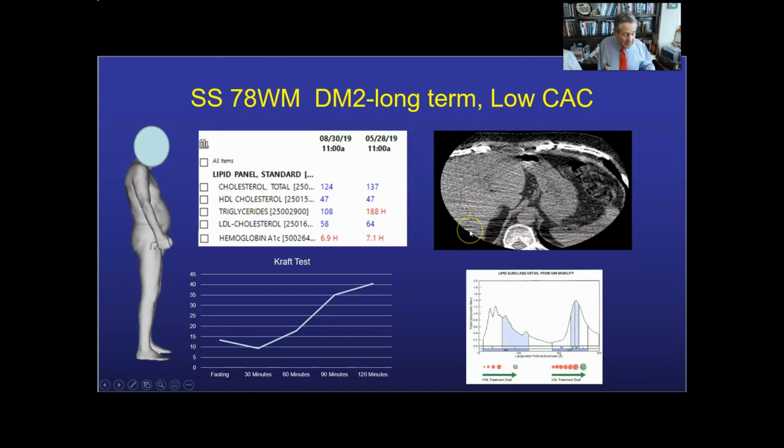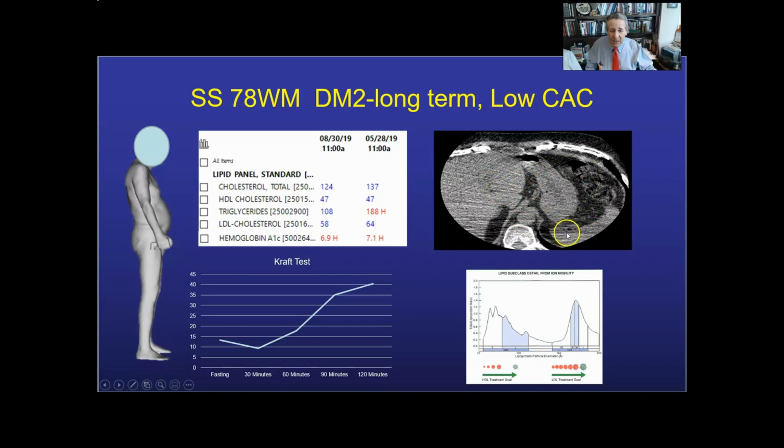Now, here's an example of somebody who I have followed for over 20 years, about 25 years, who is diabetic, not very compliant with lifestyle. He had relatively high triglycerides, relatively low HDL. He has visceral fat.